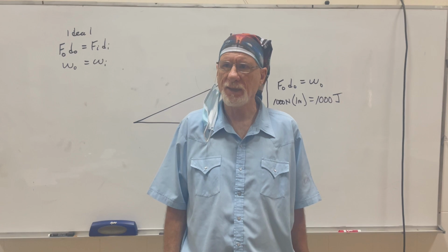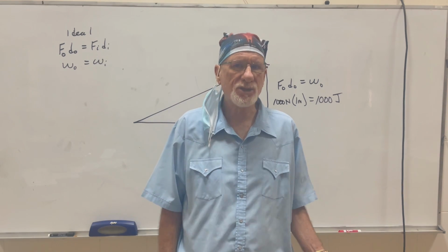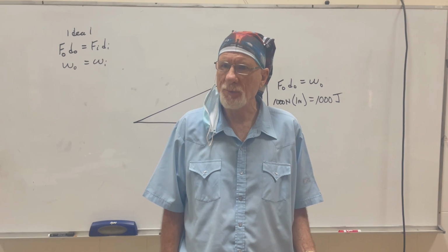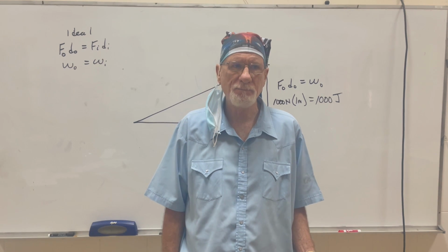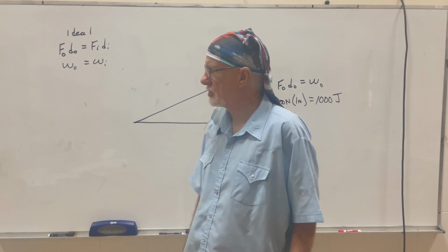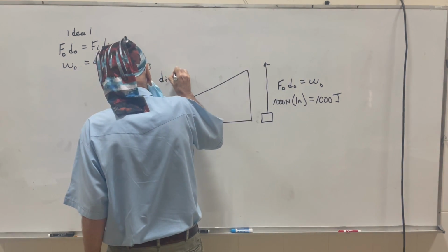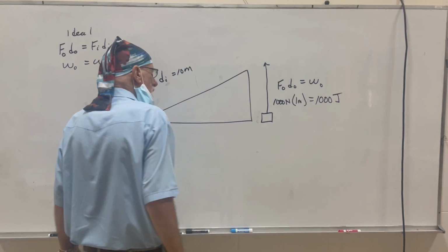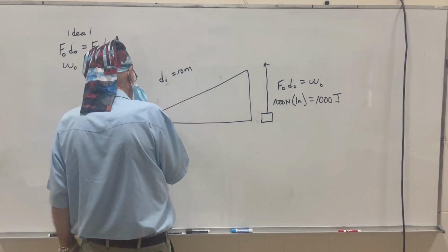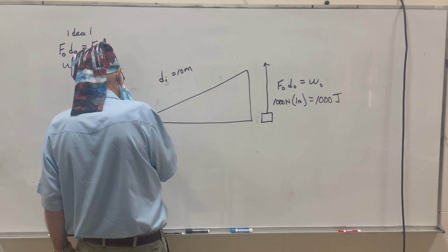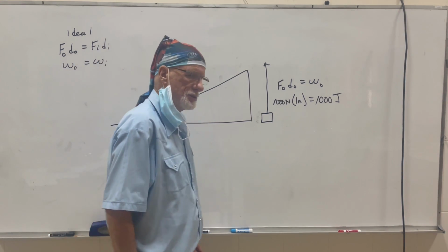The height of where I want to get it to is 1 meter. So now I'm going to use an inclined plane that's 10 meters long. And I'm going to slide the box, starting right here.